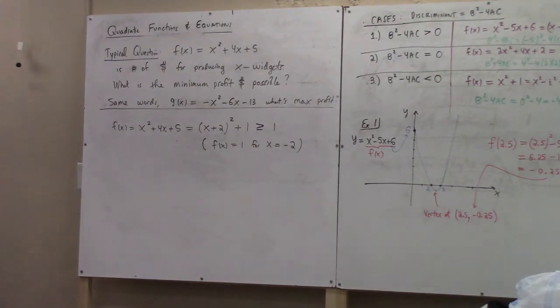So at this point, we have a problem, right? Whoever wrote this problem gave you an unreasonable problem statement. What does it mean to produce negative 2 widgets? What would your interpretation of a business producing negative 2 widgets be? I mean, that must mean that somebody has to give them to them. They're not producing it.